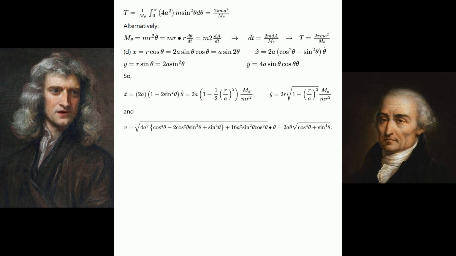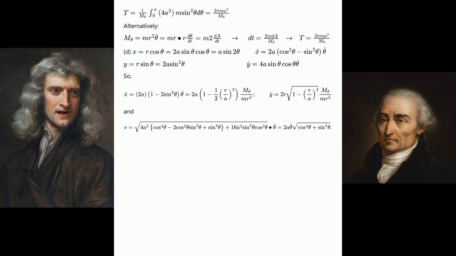T equals 1 over L times the integral from 0 to pi of 4a squared m sine squared theta d theta equals 2 pi m a squared over L. Alternatively, L equals m r squared theta dot equals m r d theta over dt equals 2m dA over dt, so dt equals 2m dA over L, and T equals 2 pi m a squared over L.